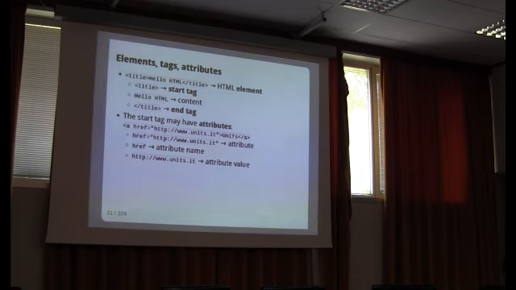The beginning part of this HTML element, the one included in angular brackets, is known as the start tag, where tag is simply everything that is included between angular brackets. Then we have the content, the HTML element content, and then finally we have the end tag. This is just terminology.